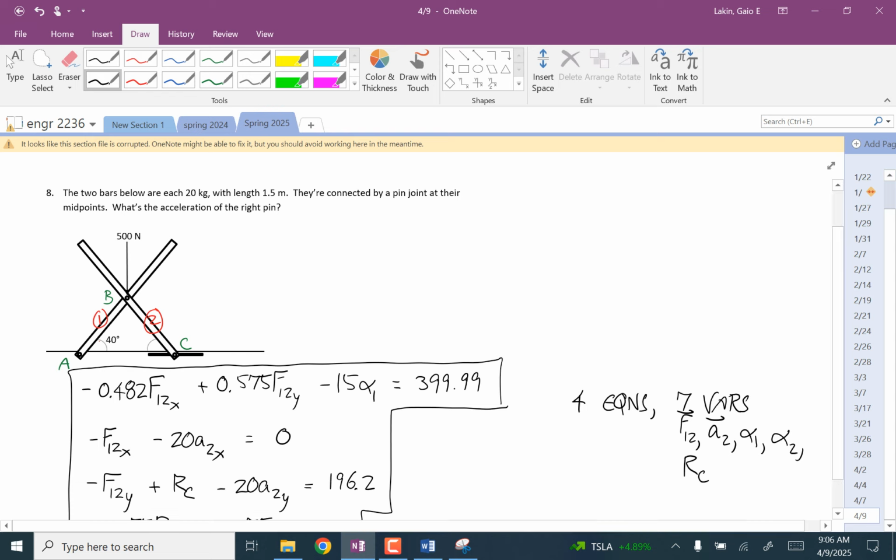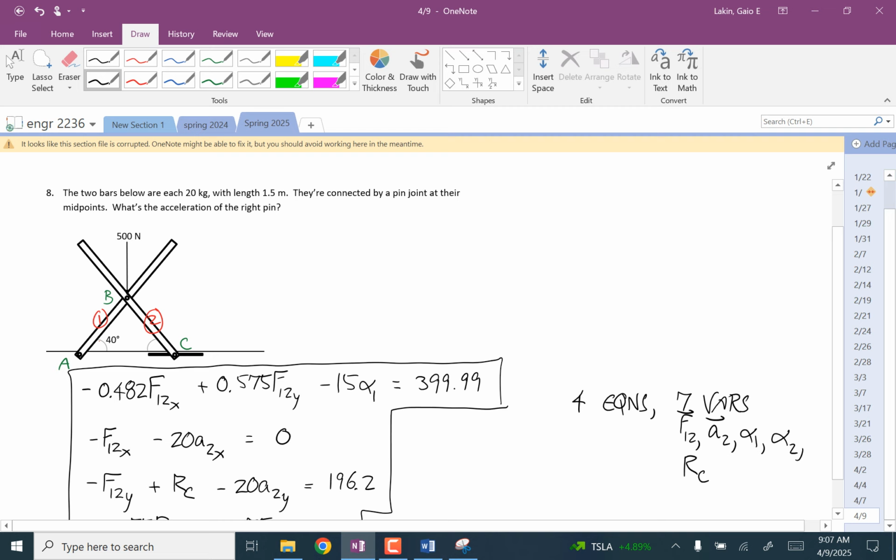Someone asked last time, what are the constraints that we're going to use here? We're going to use a constraint at B that says the 2 members don't fly apart there, so their accelerations are the same. And we're going to use a constraint at C that says that pin can't move up and down, so it can't accelerate up and down.